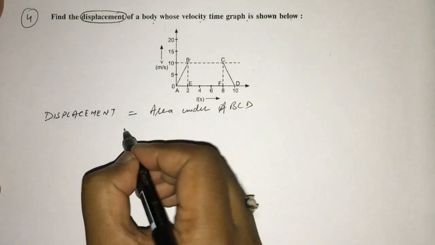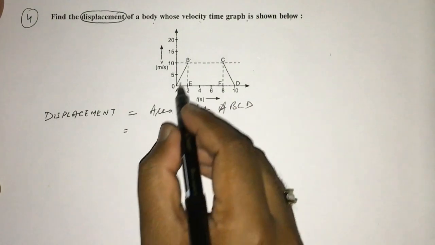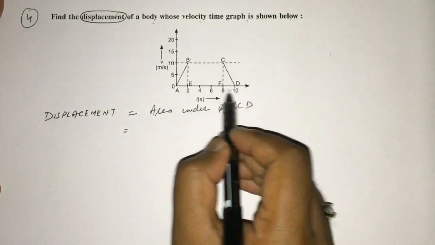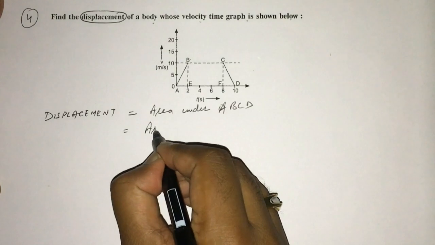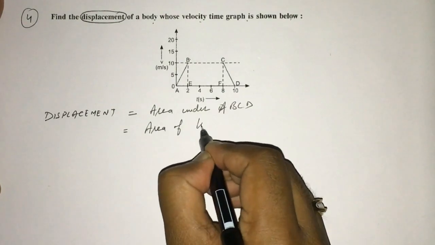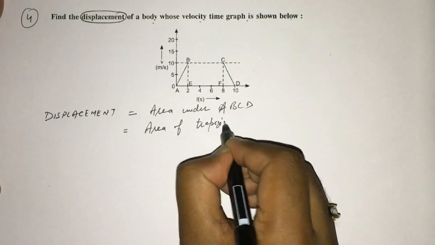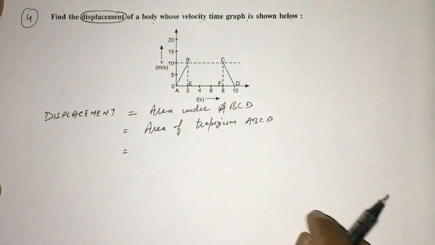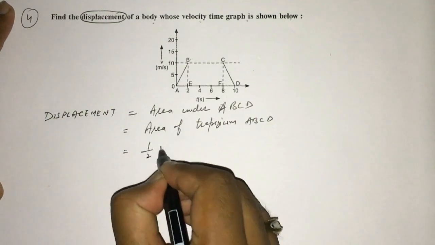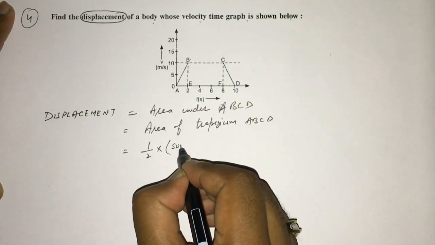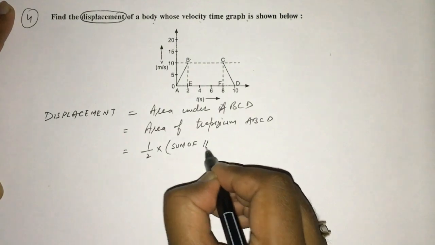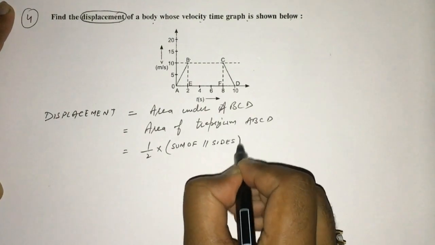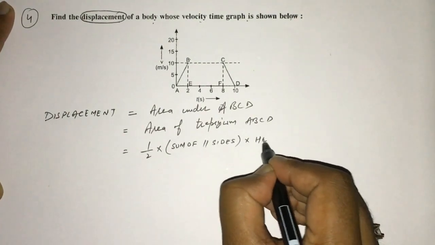Fine. Now the area under ABCD, which is a trapezium, means the area of trapezium ABCD. Fine. So the formula of the area of a trapezium is half into the sum of parallel sides into height.